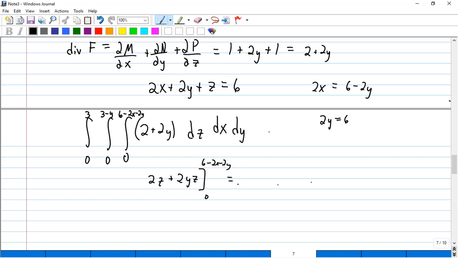When you evaluate that, just to save time, you're going to get 12 minus 4x plus 8y minus 4xy minus 4y squared. That's what you get if you plug it in for z there and multiply it out and put your terms together. So we're left with a double integral from 0 to 3, 0 to 3 minus y of all of that dx dy.